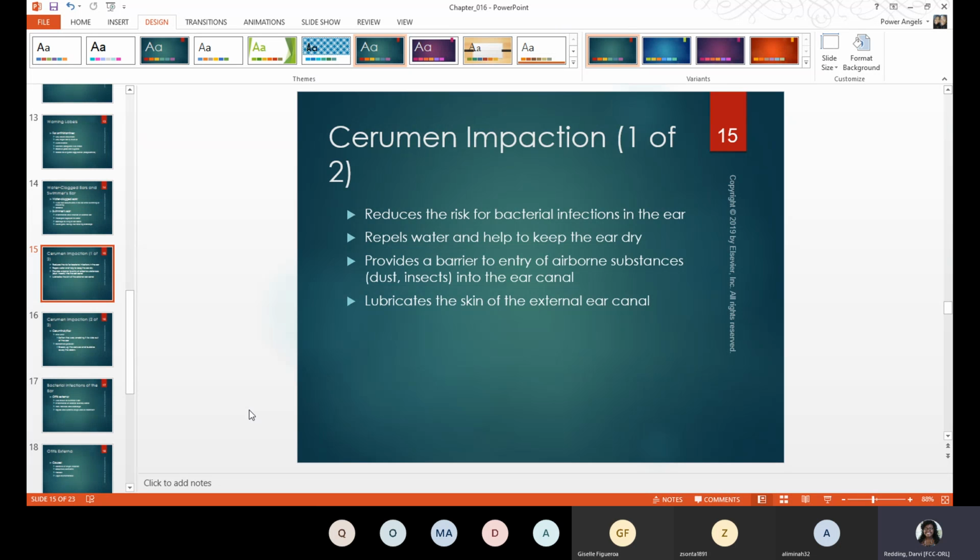So when cleaning the ears, you don't want to push anything inside because it can go further into the ear canal.